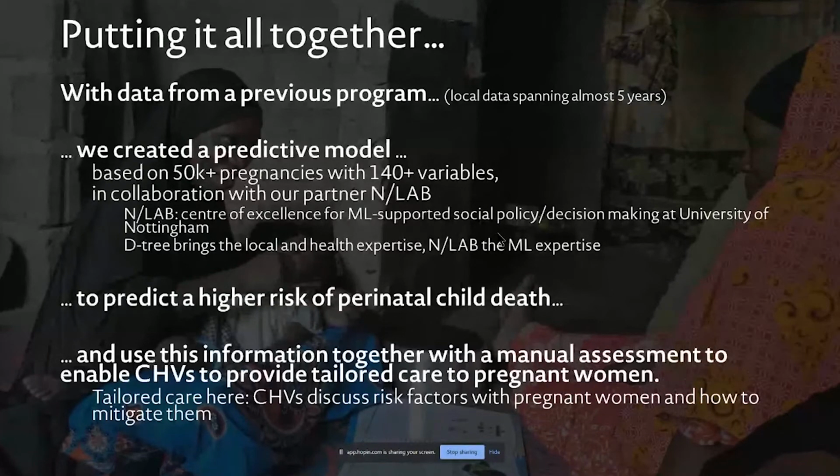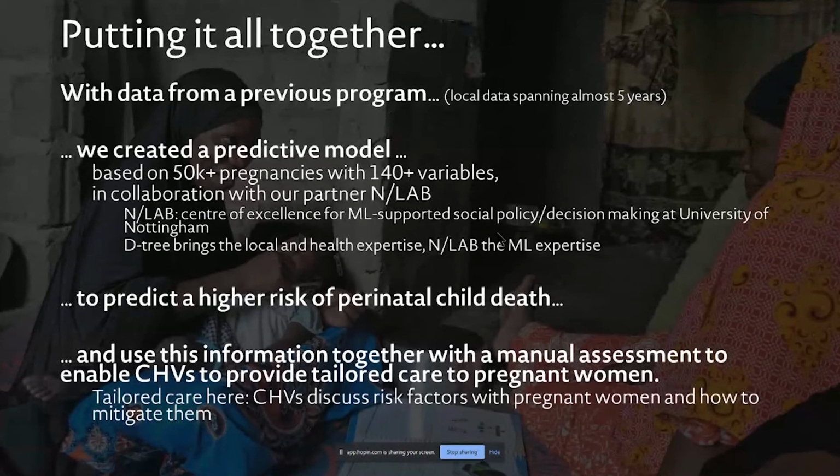is one of the most important prerequisites to do anything with machine learning. You need good data. And this data spanned almost 5 years and included about 50,000 pregnancies with delivery outcomes.